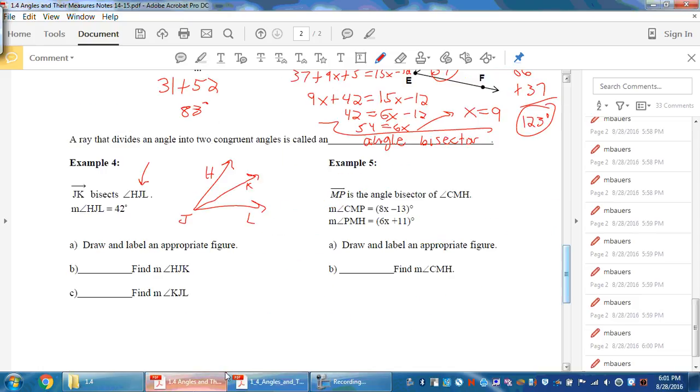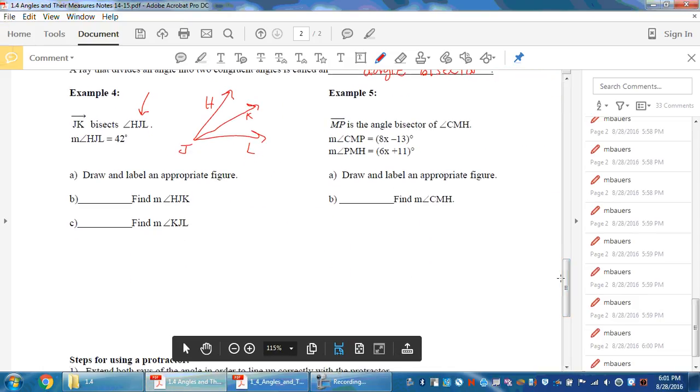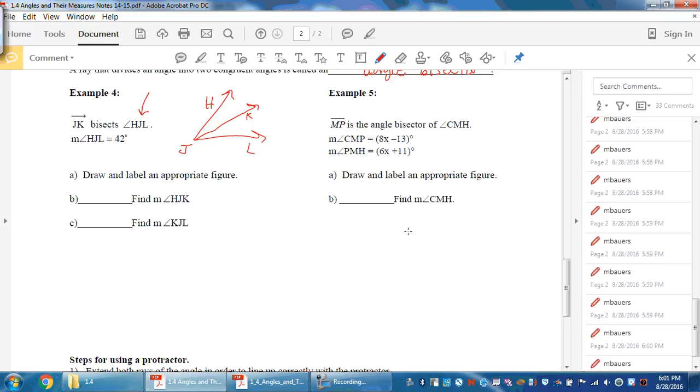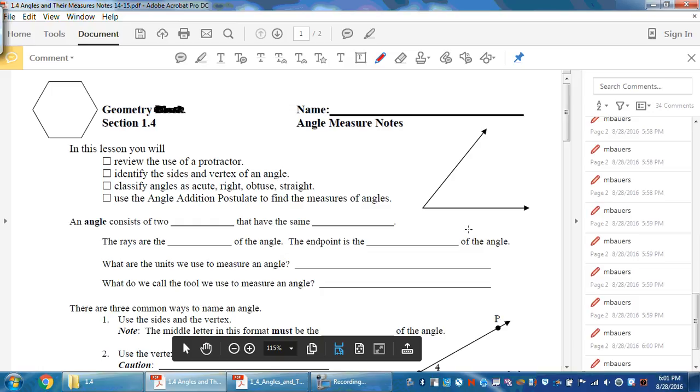Now, looking at the next one, we're going to have an angle bisector. I think if we draw a figure, it might help a little bit.